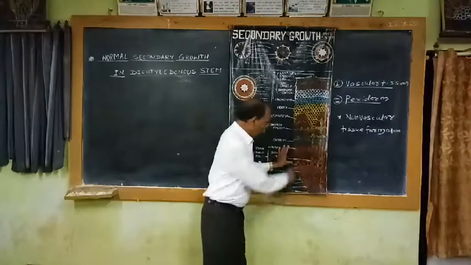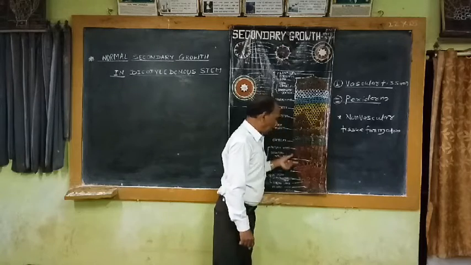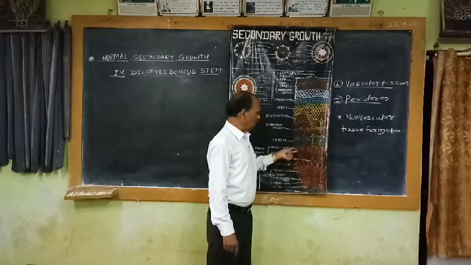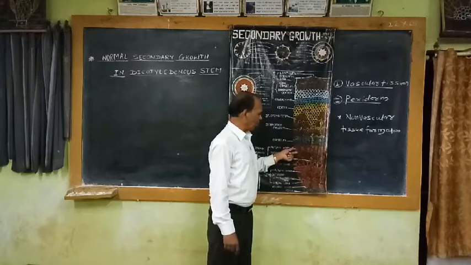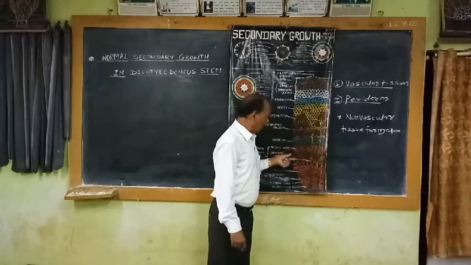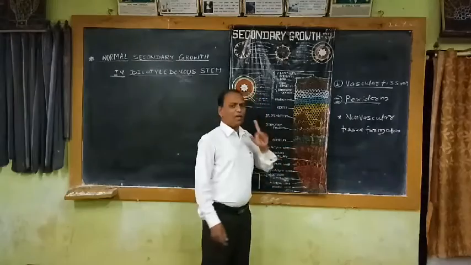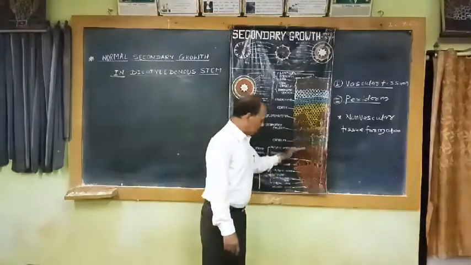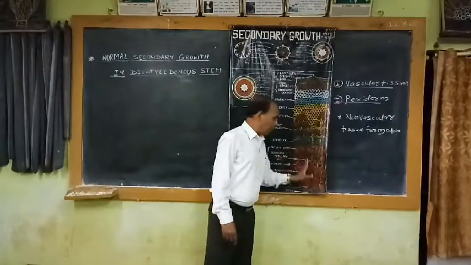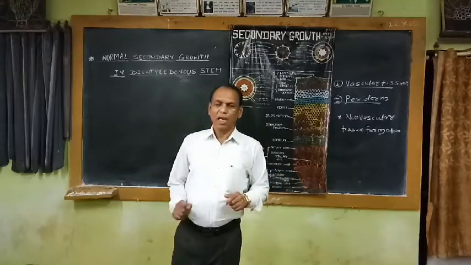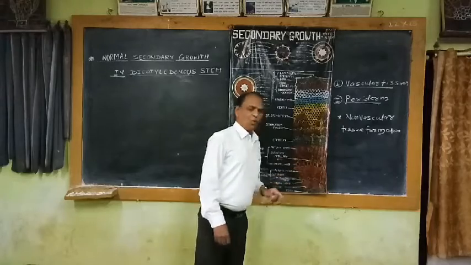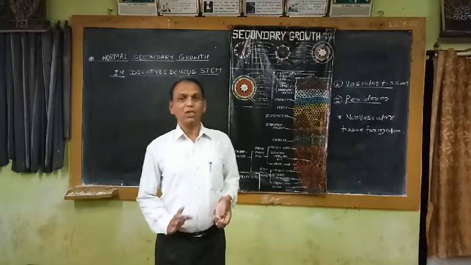That means these two bands, the band of secondary xylem during spring season known as spring wood, and the band of secondary xylem produced by this cambium during autumn season, known as autumn wood, constitute one annual ring. Many such annual rings are developed, and these annual rings are beneficial for calculating the age of any woody tree. That means with the help of these annual rings, we can also calculate the age of the tall trees.